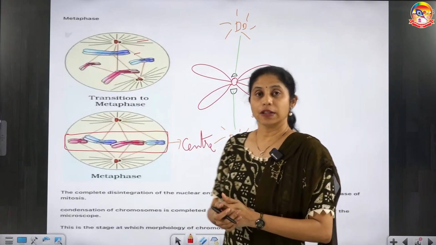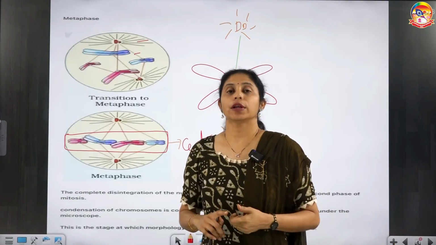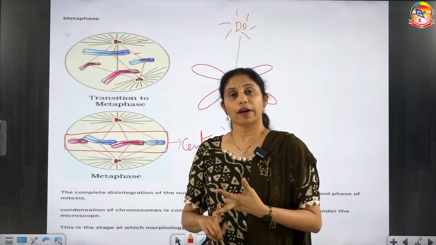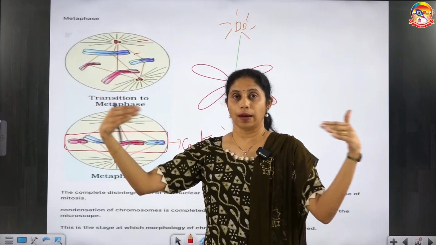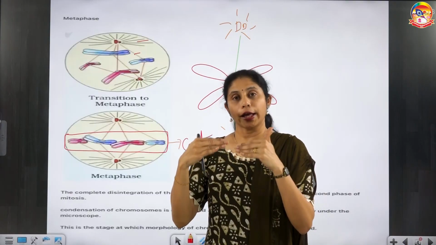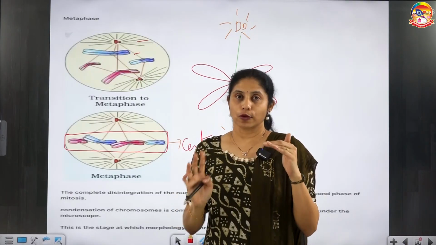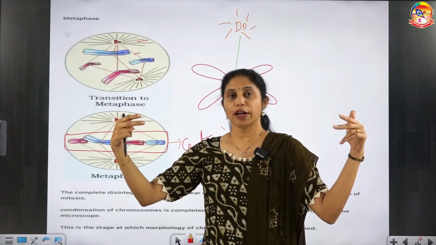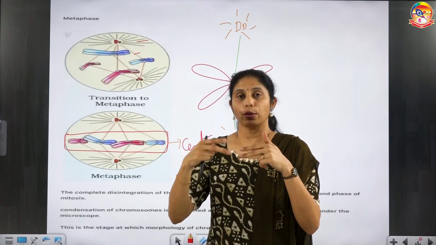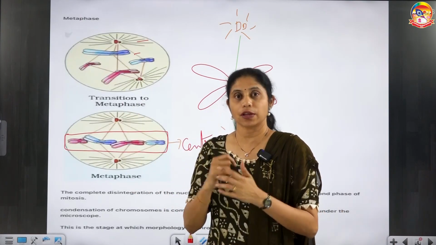And in this metaphase, what you have to remember, the first event is that the spindle fibers from both the poles will come and connect to the kinetochores of one chromosome. So two spindle fibers will come and connect to the two kinetochores of one chromosome. That is the first event.